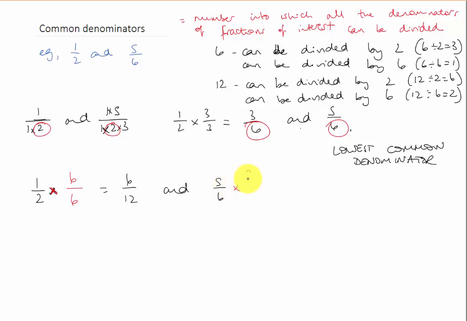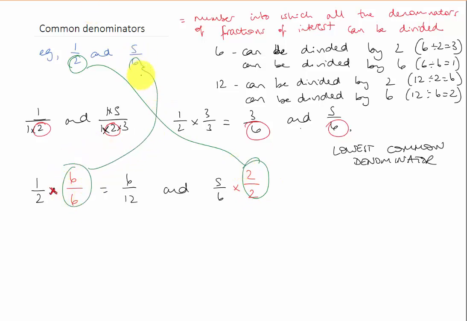We multiply that by 2 over 2. So that gives us 10 over 12. So I like to call this the easiest common denominator. And that should work in any case to find you a common denominator for two fractions.